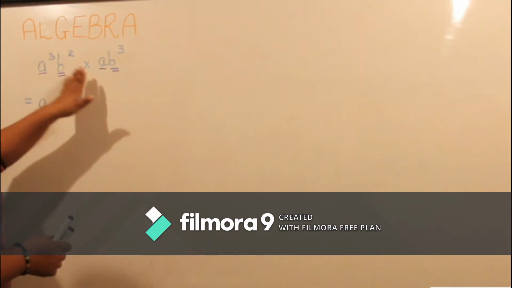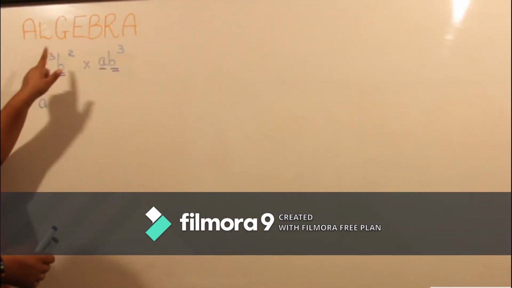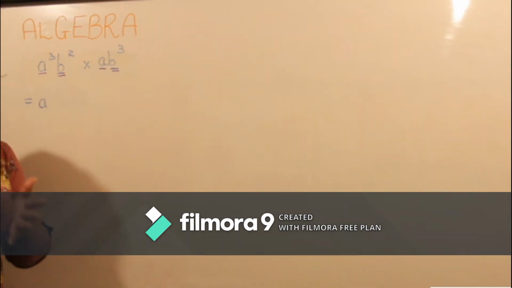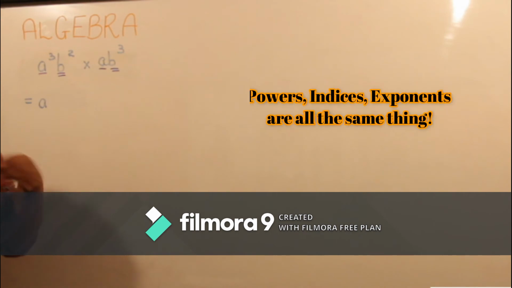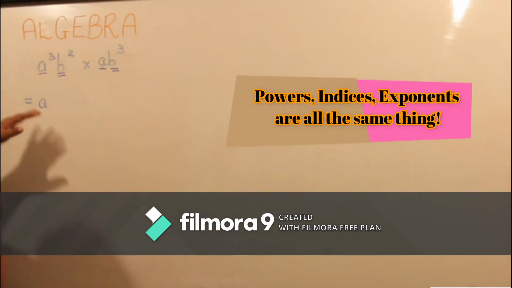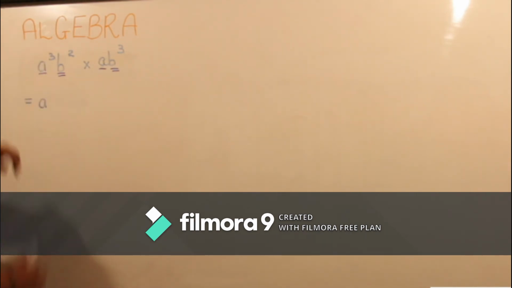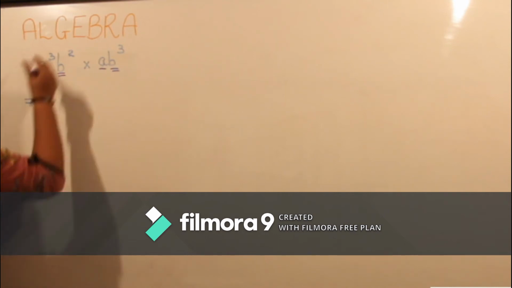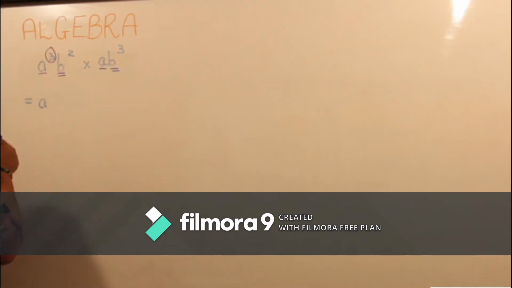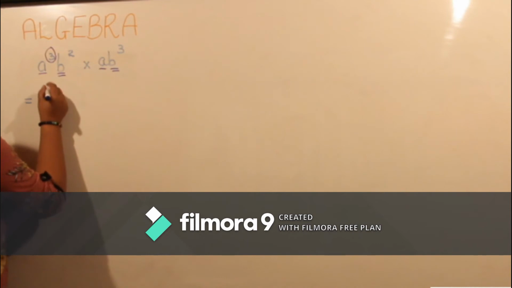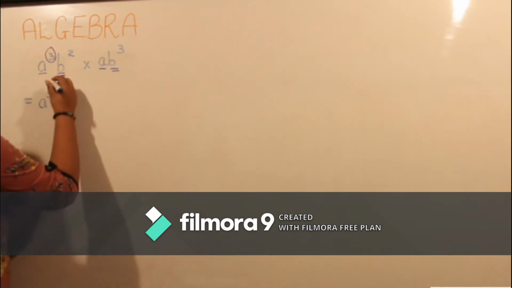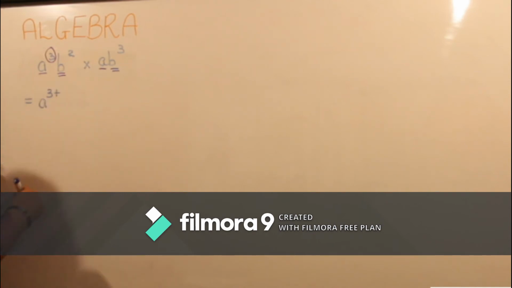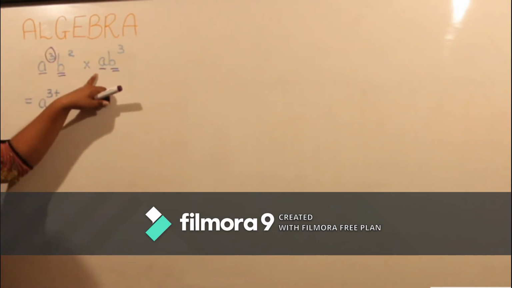Now, I already said that my laws of indices will tell me that I have to find the sum of the powers, or the indices, the exponents of the same bases whenever we are doing the product of these. What is our power here? Our power here is 3. So I'm just going to write in 3. Now remember our laws of indices. We said we have to find the sum of the powers.